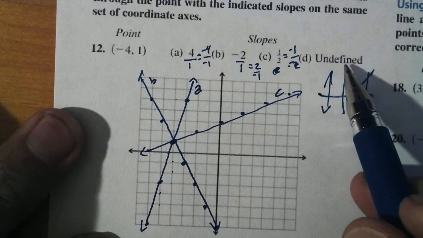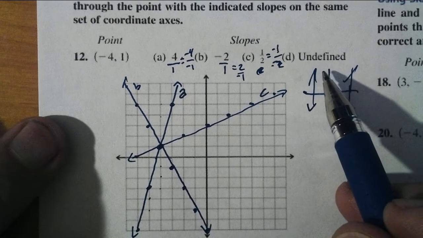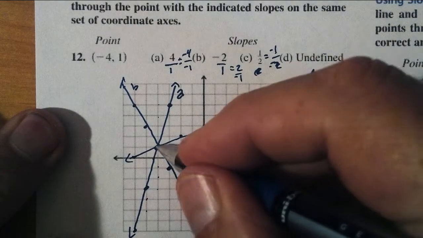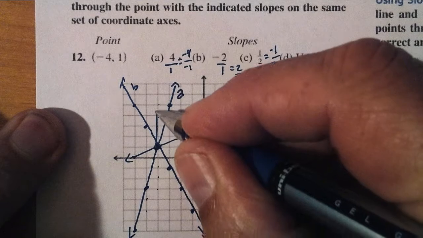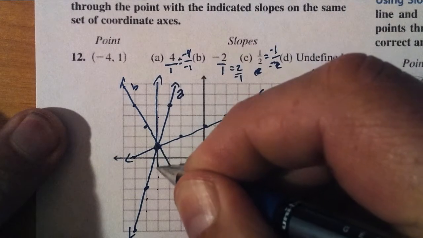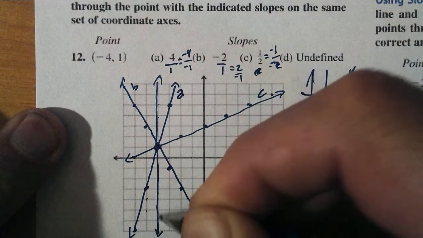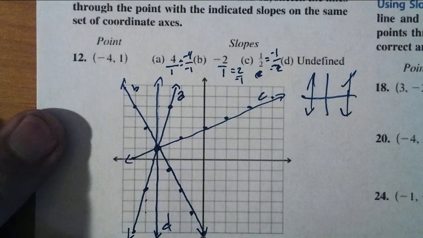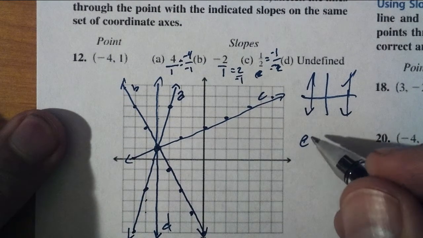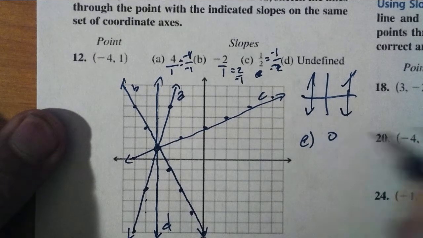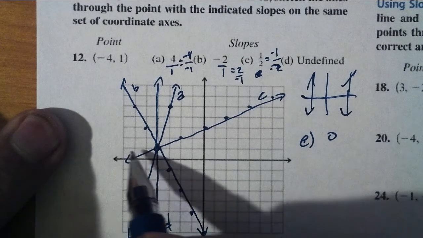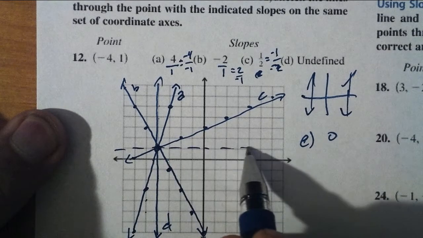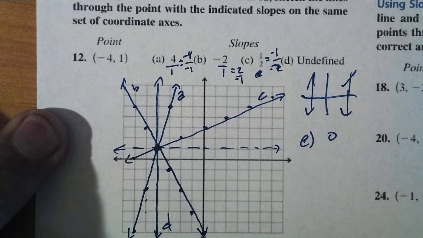The slope is so big we can't define it with a number. So through this point, straight up and down would look like that. There's our line D. Versus if we had a slope E of 0, we would be flat or horizontal.